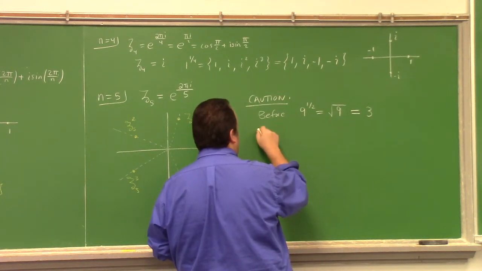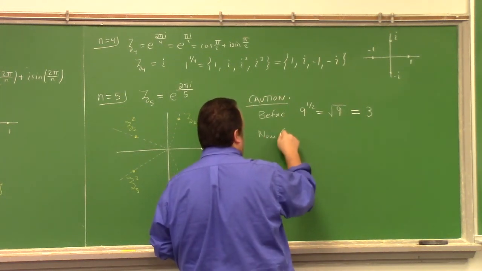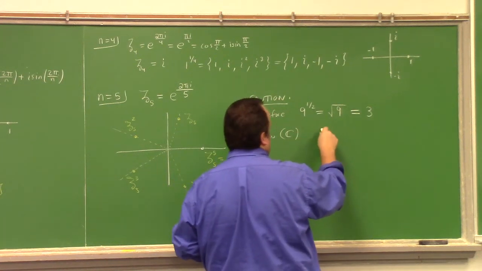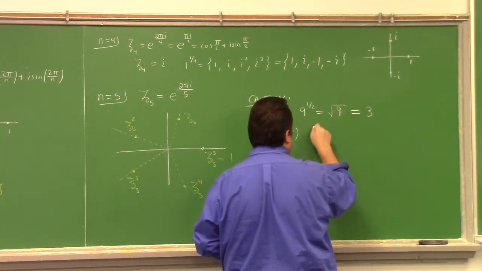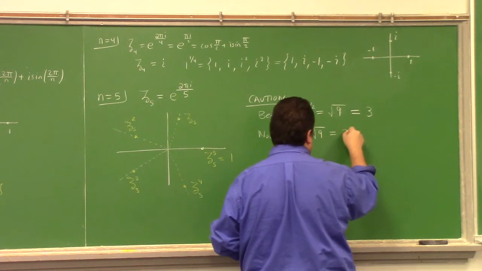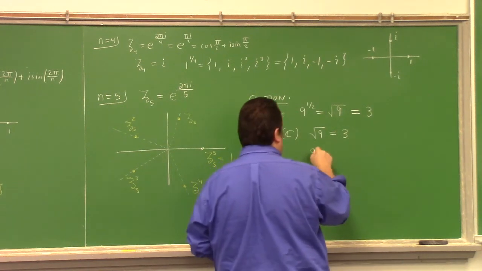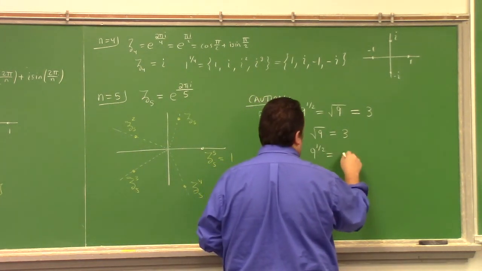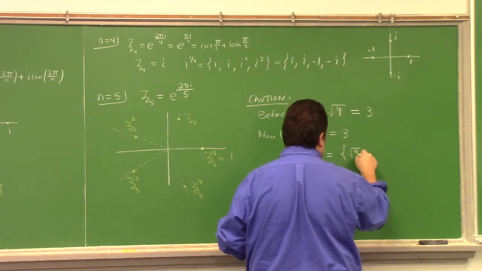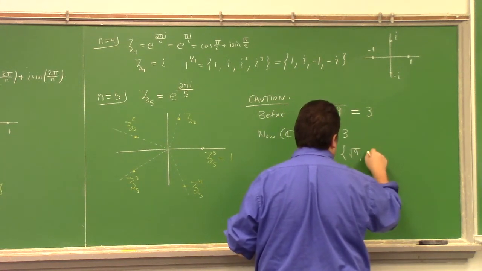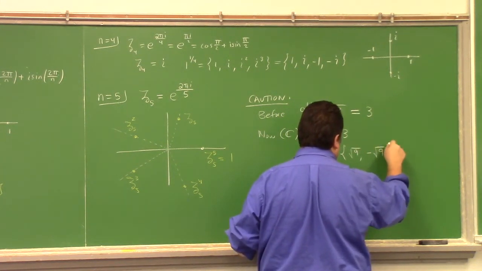In the complex setting, the square root of 9 is still equal to 3, actually. But 9 to the 1/2 is the square root of 9 and minus the square root of 9.